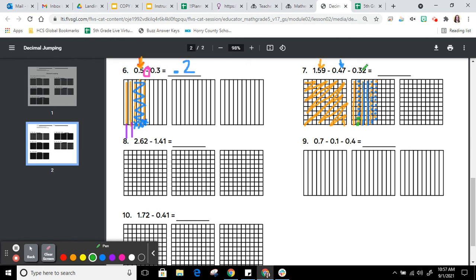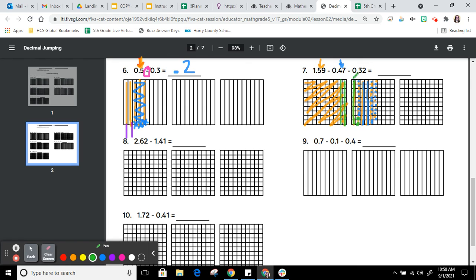What's left is 30 hundredths. I know that 10 hundredths are in one row, so I can cross out 3 of the columns. So here we've got 32 hundredths.